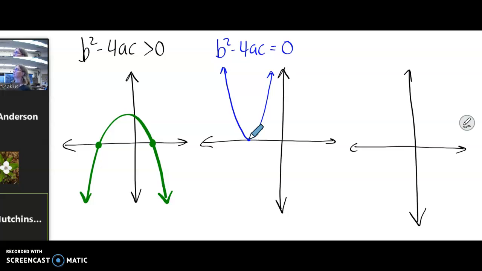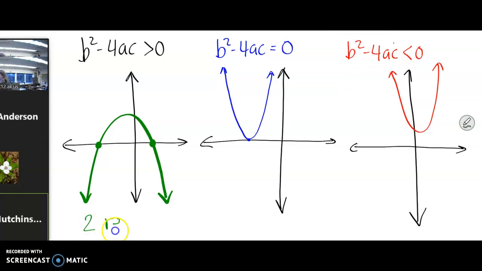And if b squared minus 4ac is negative, meaning less than 0, you'd have something like this that never crosses the x-axis, and that's when you have the imaginary unit i involved in the solution.